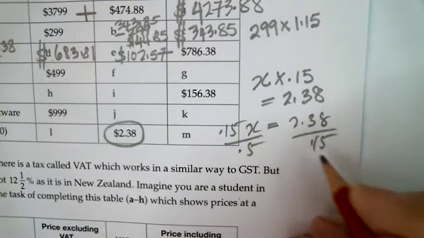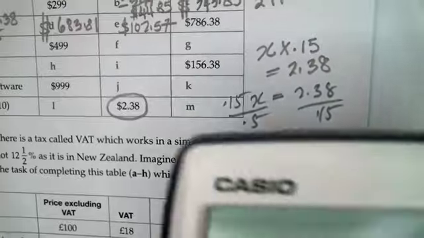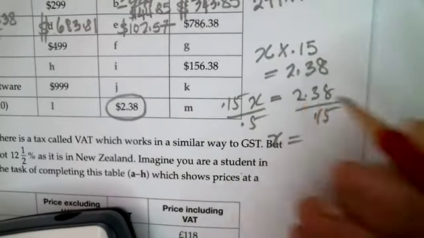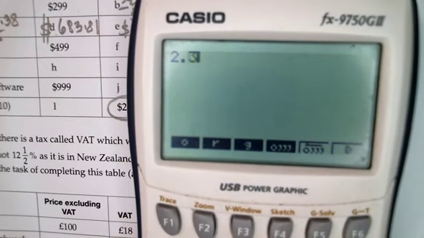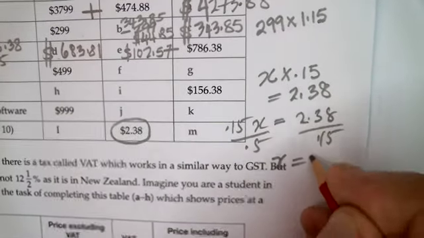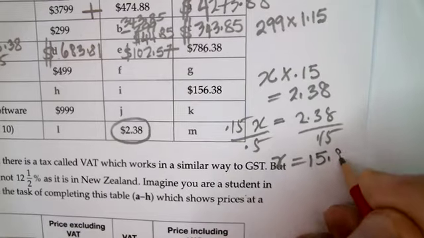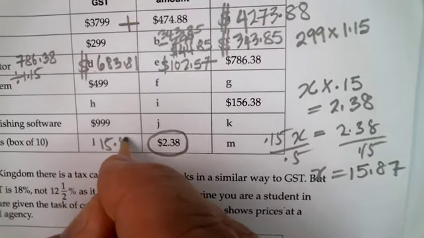So X is going to equal 238 divided by 0.15. Let's have a look. 238 divided by 0.15, and I end up with $15.87, I'm going to call that. So this here is $15.87.